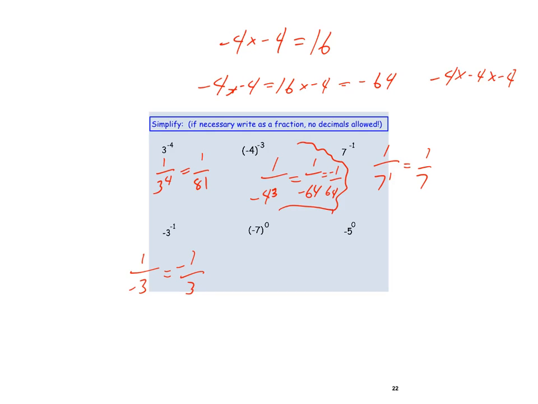Now you do have to be careful here on this next one. If you were to type this into your calculator as just negative 7 to the 0, that would actually be a negative 1 because it reads it as negative 7 to the 0. But when you write it as it's written here, that negative 7's in parentheses, so it's negative 7 to the 0 is just 1, but this is 7 to the 0, and it's a negative, so that's negative 1.